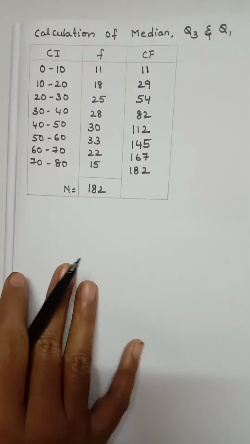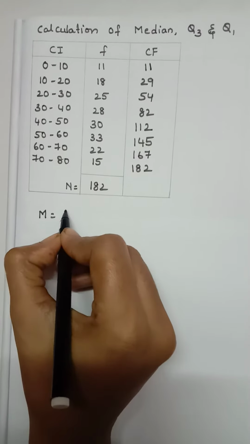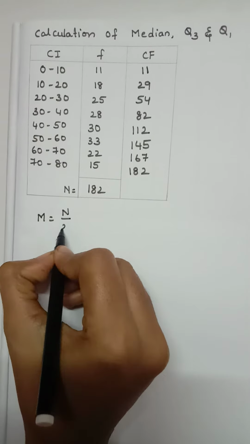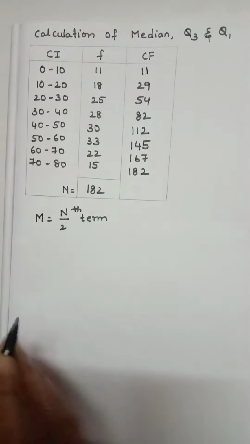The next step is the median. Median, M, is equal to the n by 2 th term as per the continuous series formula.